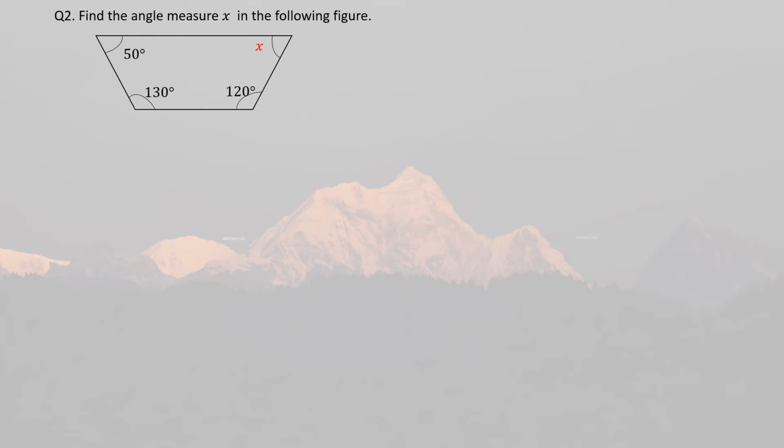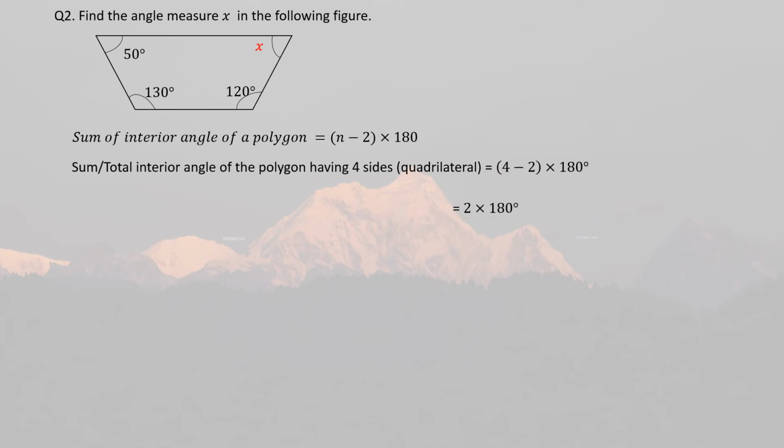Now since it is a quadrilateral, let us first find out the total angle of a quadrilateral. Using the formula, we have (4 minus 2) times 180 degrees, which equals 2 times 180 degrees, that is 360 degrees.